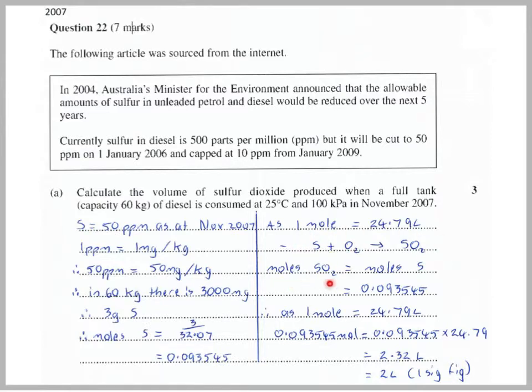Moles of sulfur equals moles of sulfur dioxide equals 0.093545, which is from here. As 1 mole equals 24.79 litres, that many moles equals that times 24.79 equals 2.32 litres equals 2 litres to one significant figure. Why one significant figure? Because we're using 60 kilograms.